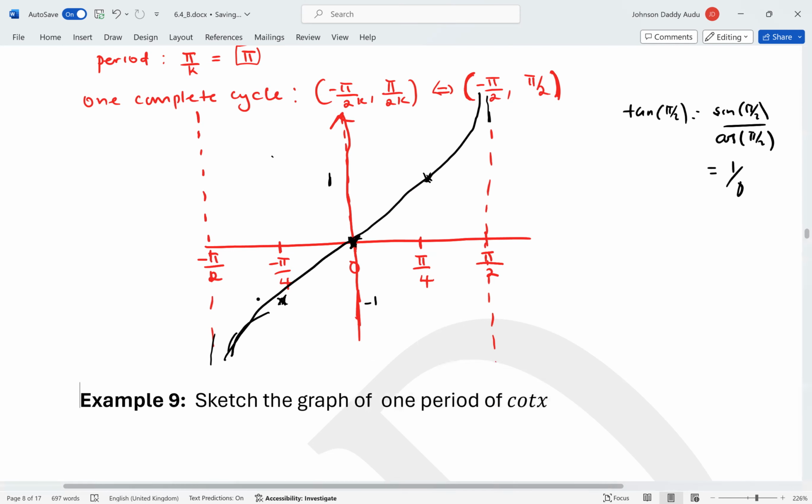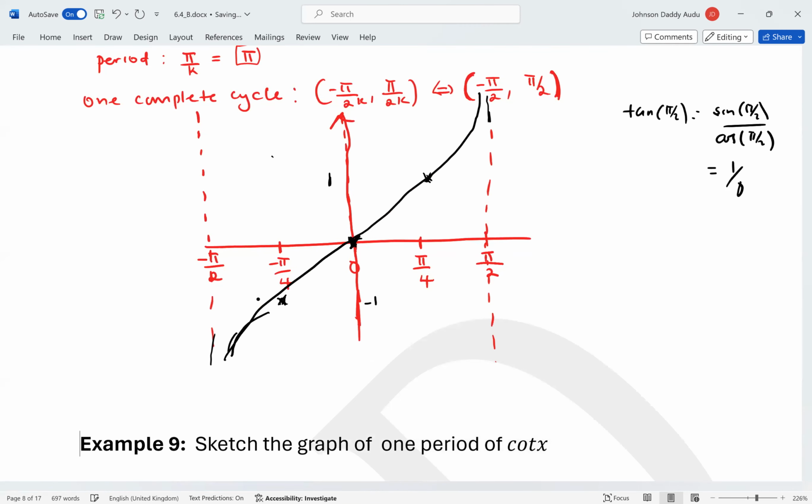Two vertical asymptotes. Now let's assume you want to draw two periods. If you need two periods, it means you can draw it on any side. You can draw it to the right or to the left. If you want to draw it to the left, it means you need to add pi to pi over 2. So it's going to be 3 pi over 2, right?